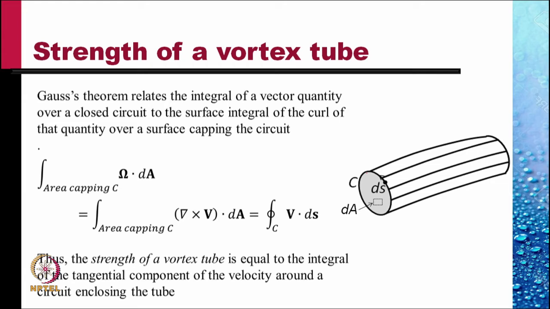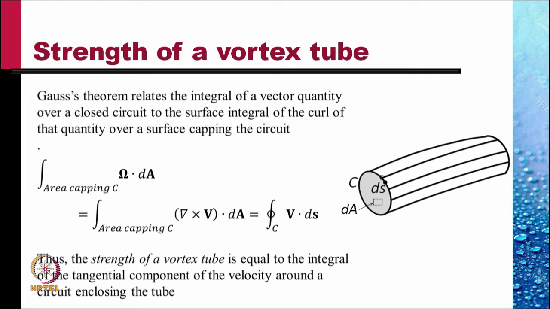Thus, for the vortex tube shown, the strength of the vortex, which is the integral of curl V times dA over the area capping C, is equal to the line integral over the closed circuit C of V dot ds. That becomes the tangential component of velocity along the circuit. Thus, the strength of the vortex tube is equal to the integral of the tangential component of the velocity around a circuit enclosing the tube.